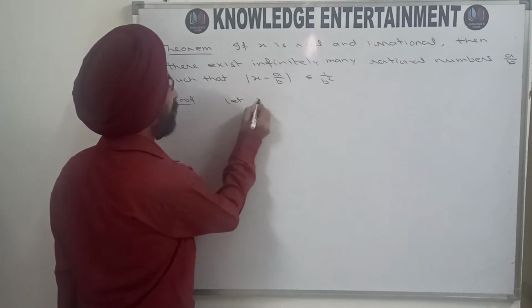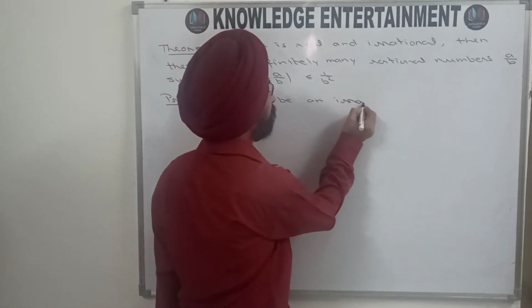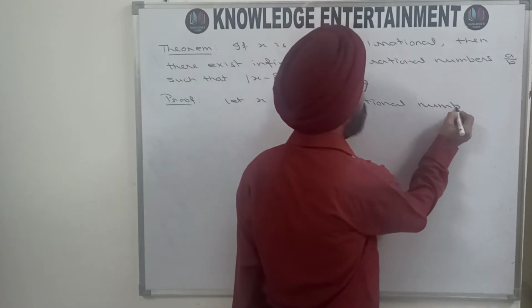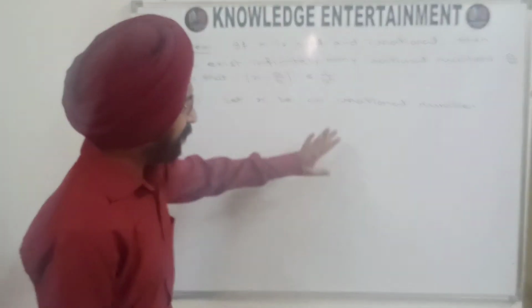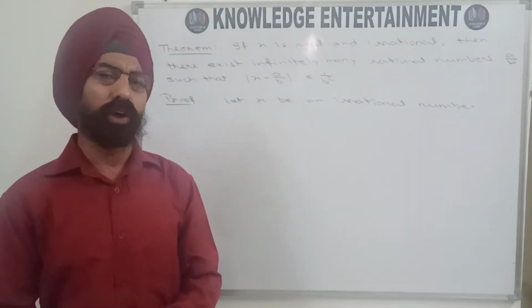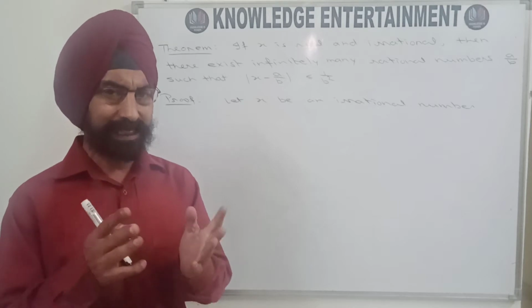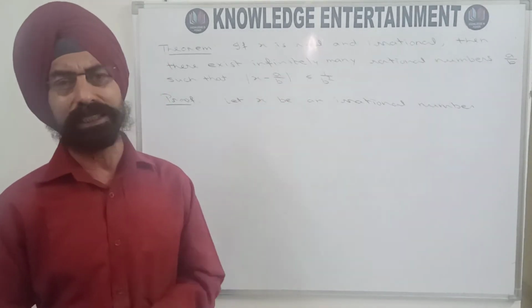Let x be an irrational number. In the previous video, we have seen that for every irrational number x, there is always a rational number a upon b such that mod of x minus a upon b is less than or equal to 1 upon b into n plus 1.